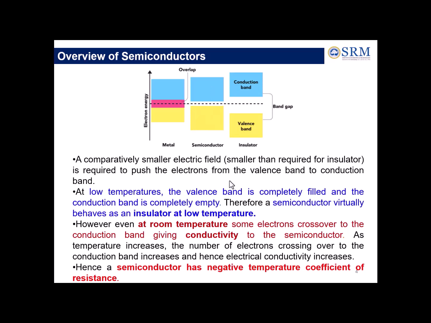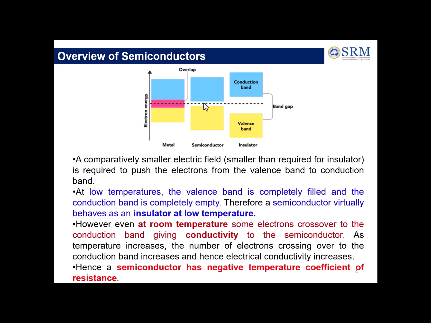Actually, at low temperatures, we know that the valence band is completely filled and the conduction band is completely empty. A semiconductor virtually behaves as an insulator at a low temperature. But even at room temperature, some of the electrons cross over to the conduction band, giving rise to conductivity.